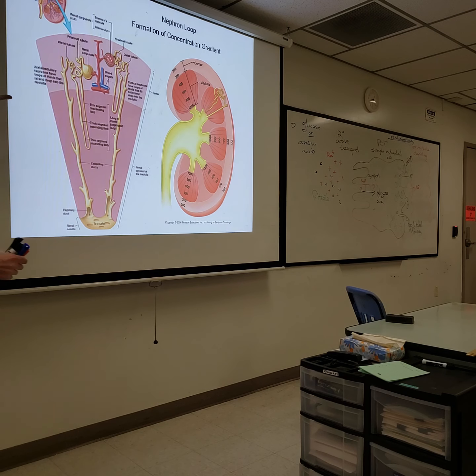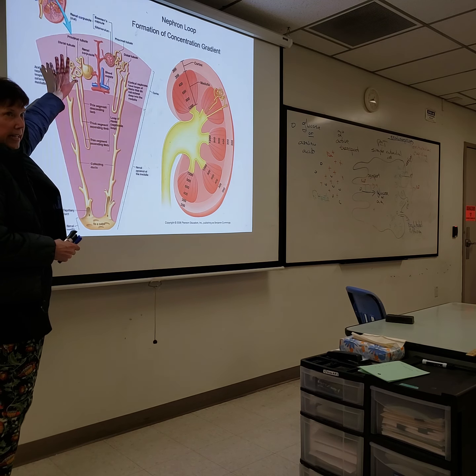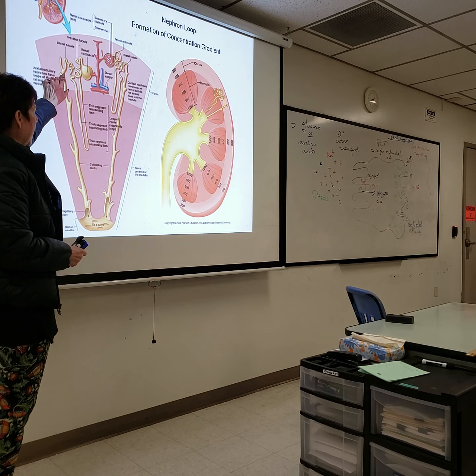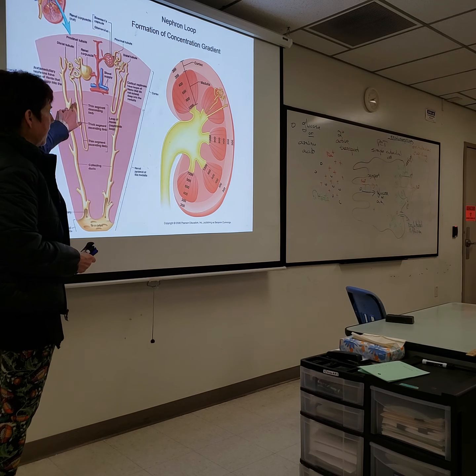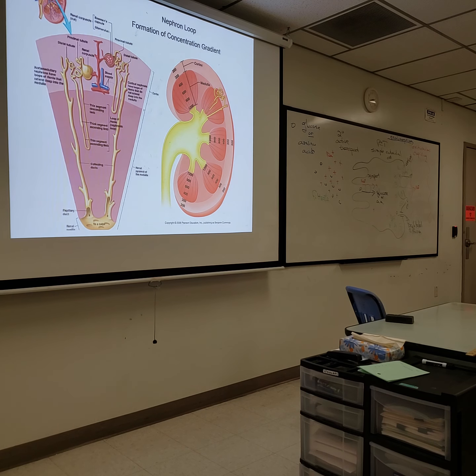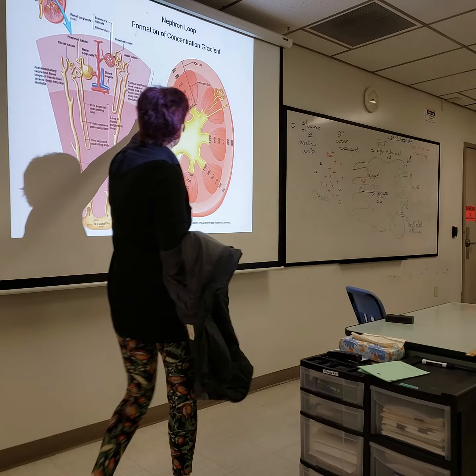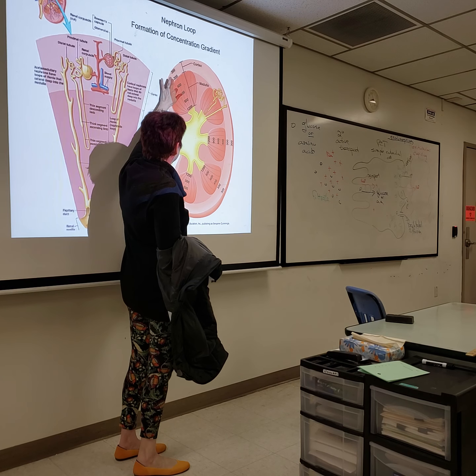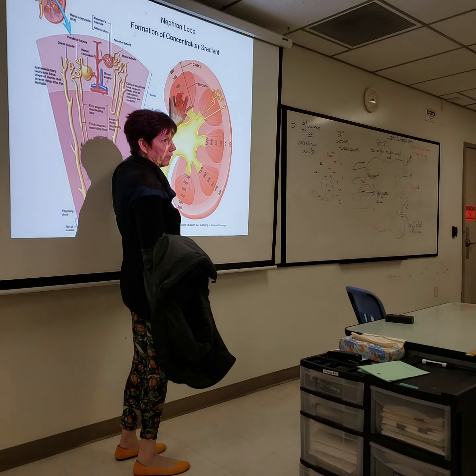The nephron loops in the cortex are not very significant. It's the juxtamedullary nephron loops that extend down into the medulla. All right? So you'll notice before I change diagrams here that we have these numbers: 300, 400, 600, 900, 1200.